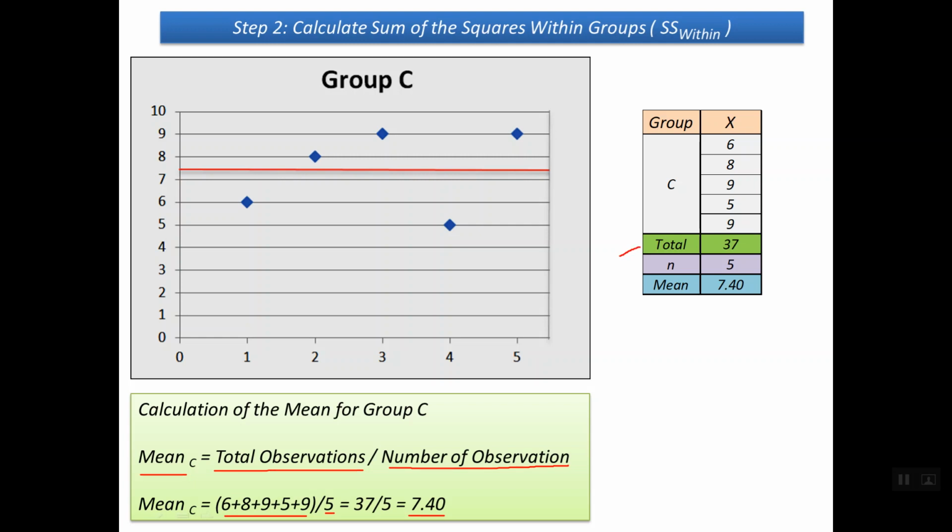So the total of observations is 37. The number of observations is equal to 5. So the mean is equal to 7.40.